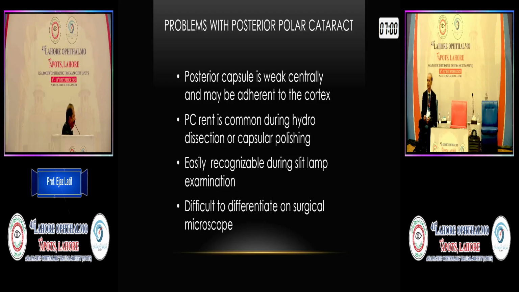And the important thing is that it's recognizable only on the slit lamp, and it's very difficult to identify it directly on the microscope. So the documentation is very important.